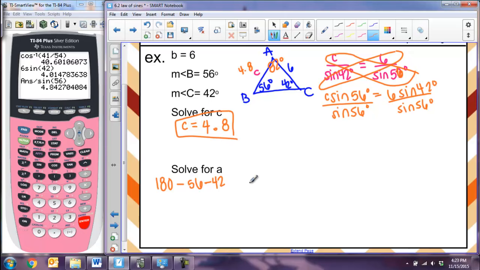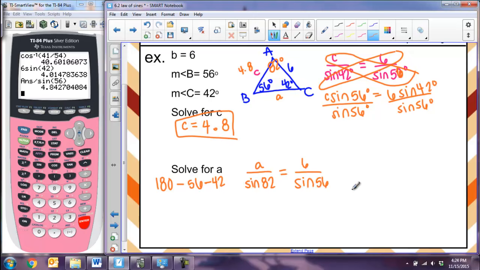Now I can set up that proportion to solve for side A. So I would have A over the sine of 82 is equivalent to, and you can use whatever sides you want here. I tend to use the things that are given to me, just in case I made a silly mistake and side C isn't 4.8, and also because we rounded a little bit. So I'm going to use B and use 6 over the sine of 56.